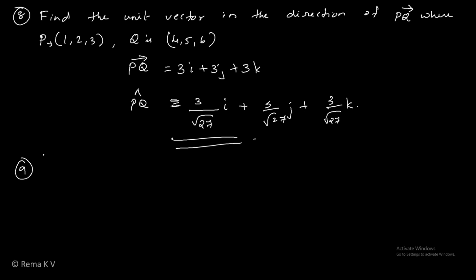Now the next one is, if vector A is equal to 2i minus j plus 2k and vector B equals minus i plus j minus k.